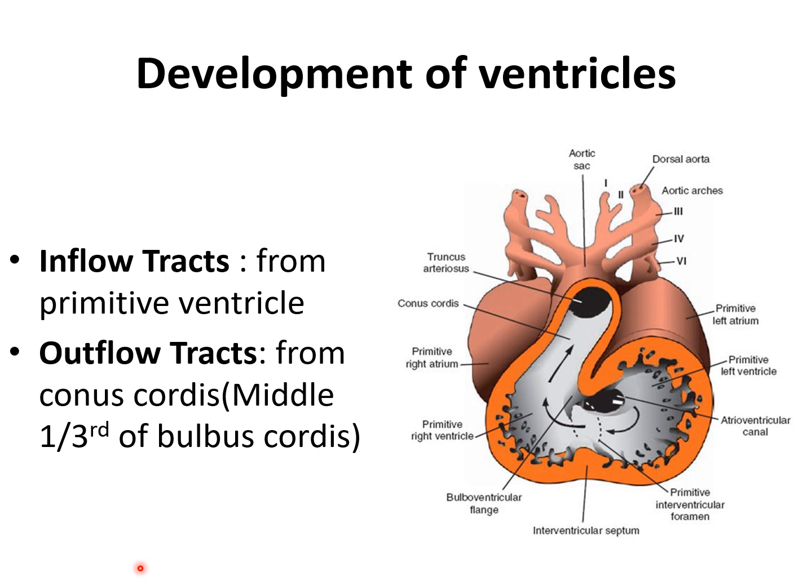So here the inflow tract is formed by the primitive ventricle, and that has the rough muscular wall containing ridges, bridges, and pillars, and the outflow tract is contributed by the middle third of the bulbus cordis, that is the conus cordis. So that is why it is smooth.